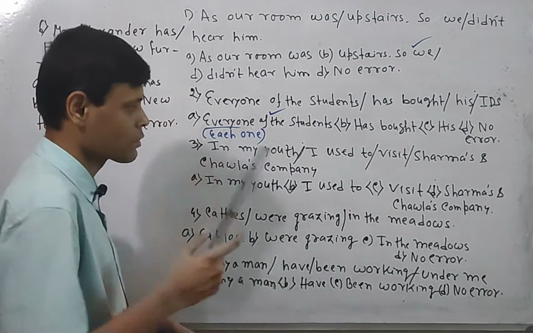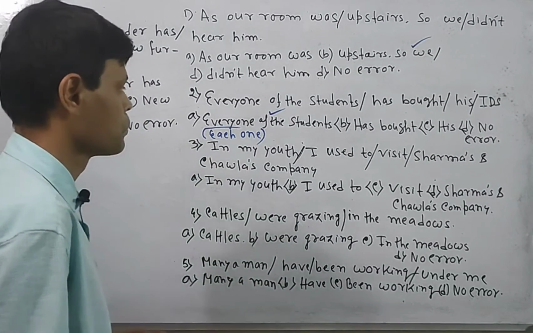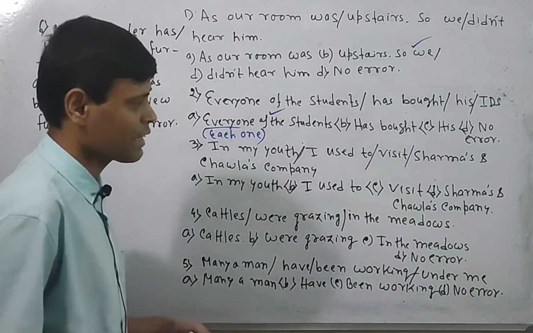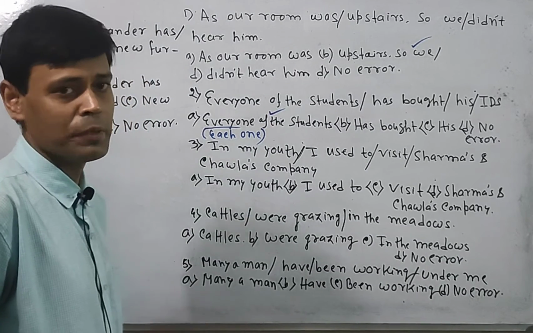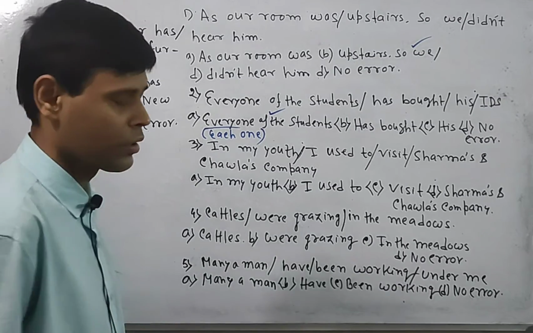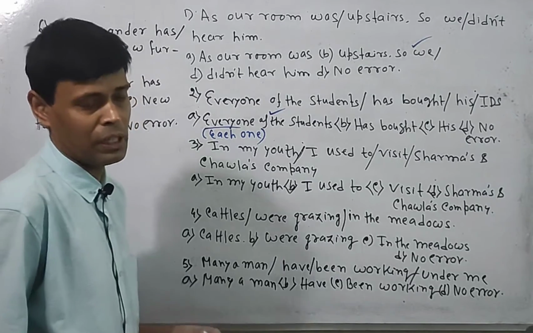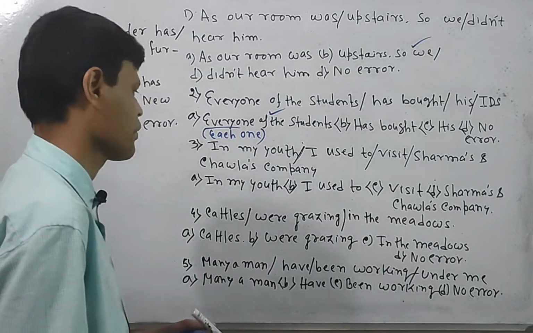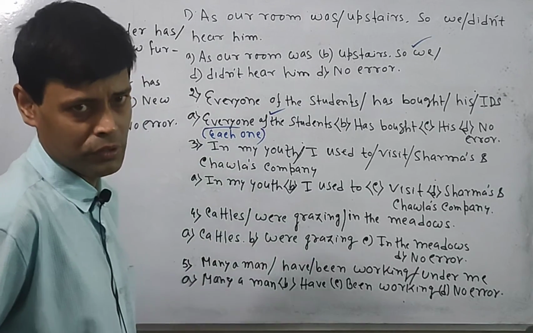Whenever the matter is all about being single or one, in that case the genitive case must be in the second part, not in the first part and also in the second part. If I say Sharma's and Chawla's company, it means there are 2 companies.